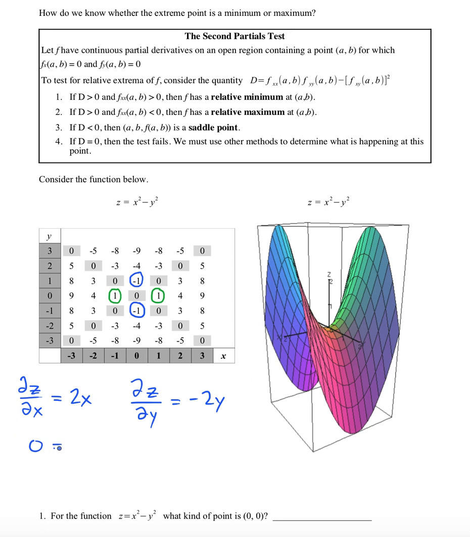Setting them equal to 0, we would reveal that there is a horizontal tangent plane at (0, 0). It's a critical point. Now we need to use the second partials test in order to decide whether it's a min or a max or a saddle point.